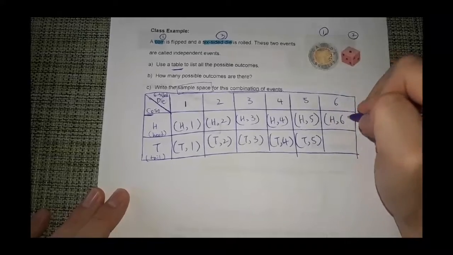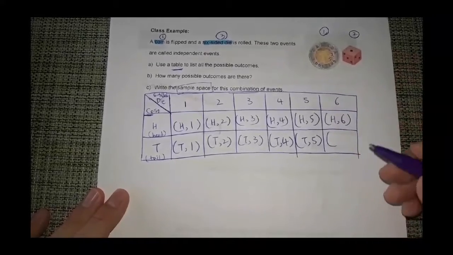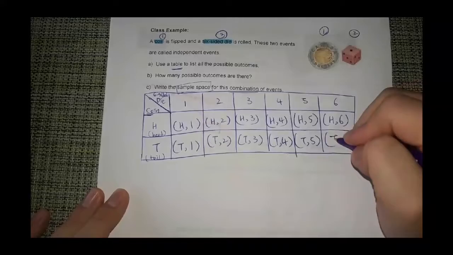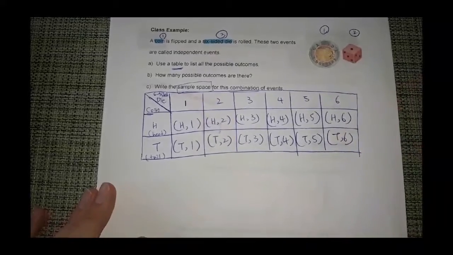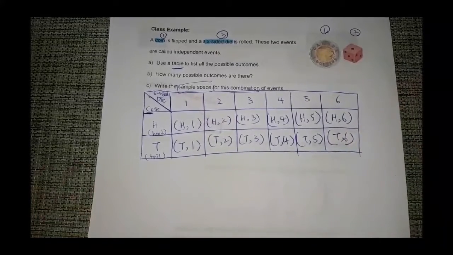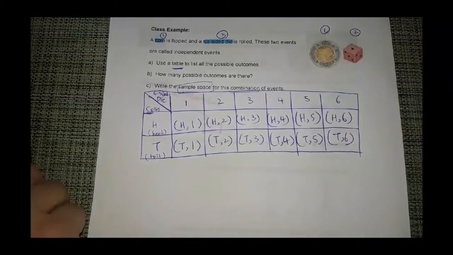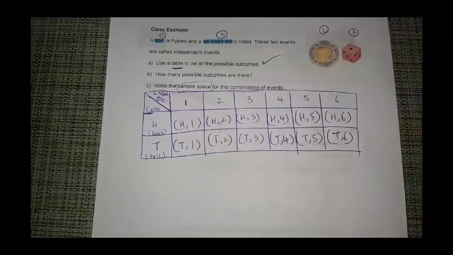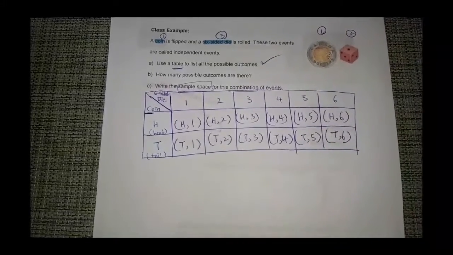And know the fact that it has to be using bracket system to give you a consistency. And by doing that, ladies and gentlemen, we answer the first part. Use a table to list all of the possible outcomes.